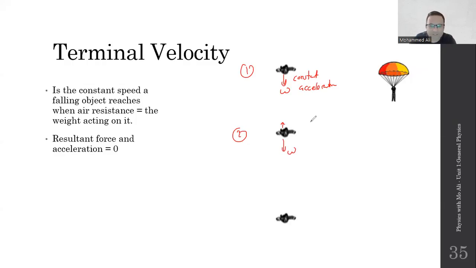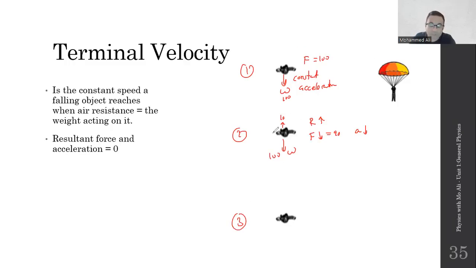So as the air resistance, which I will call R, increases, the resultant force, which is called F, will decrease. I'll give you an example. If this is 100 and this is 10, the force is now 90. Before, the force pulling you down was 100. As the resultant force decreases, the acceleration decreases.